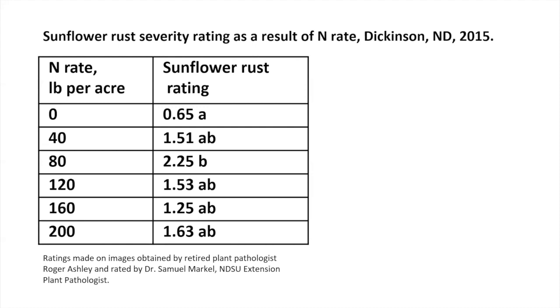He was really, really nice, found me sites in West River, and he worked with me to put the treatments on and to harvest them. It gave him something to do in retirement, and I really appreciated it. But I asked him at the end, what are these little spots all over the leaves? And he says, that's sunflower rust. And he says, well, I think there's more on the higher end rates. And how can we go about doing that?